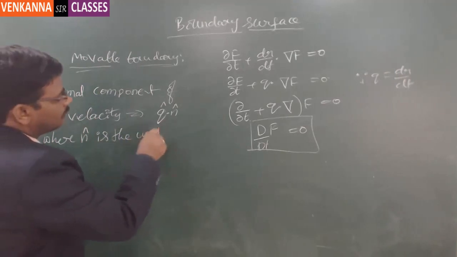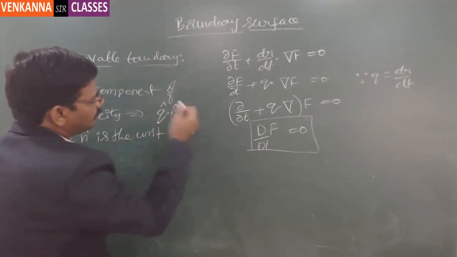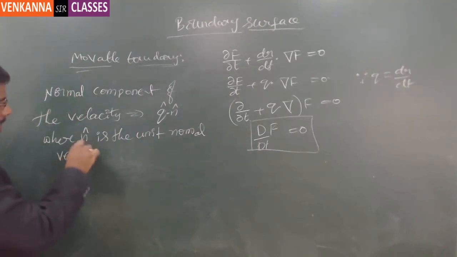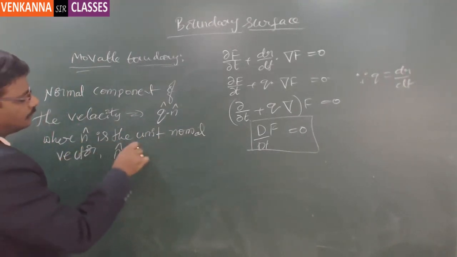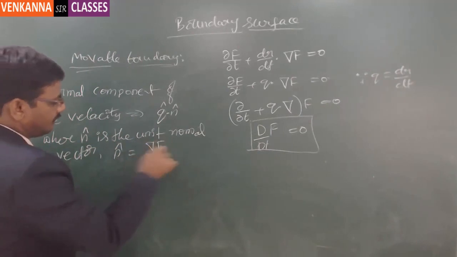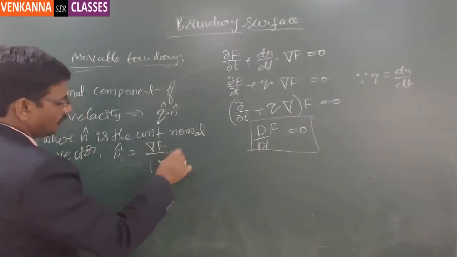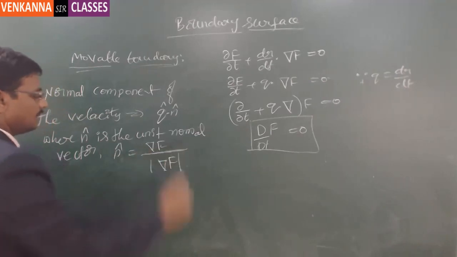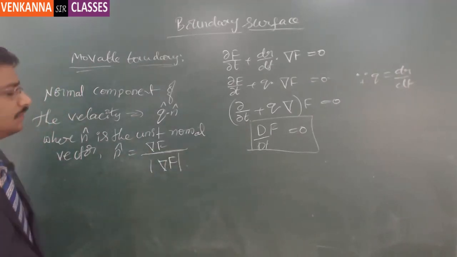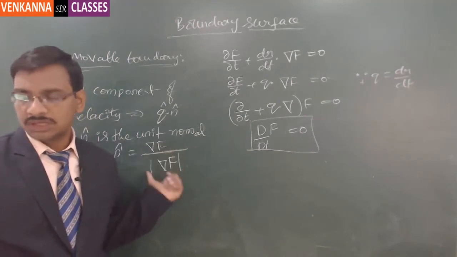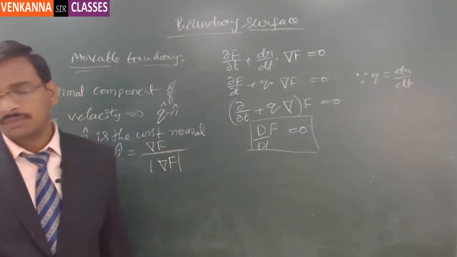This unit normal vector you can find from the boundary surface. The n cap is equal to ∇f divided by mod ∇f. I hope you are aware of this. So ∇f by mod ∇f will always give you a normal vector to any surface, a unit normal vector, with unity divided by the mod ∇f.